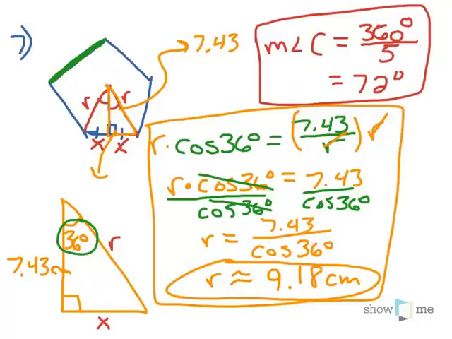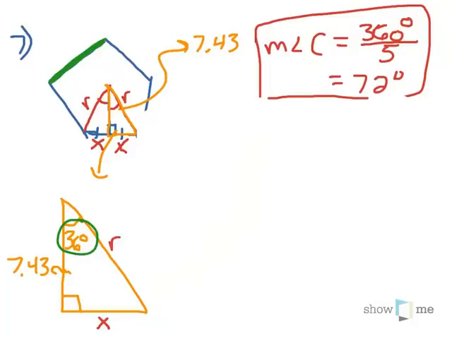To figure out what x is, we're going to also use trig. Compared to the 36 degrees, x is the opposite leg, 7.43 is the adjacent leg. And we just use another sheet here to do that. So we take tangent of 36 degrees equals the opposite leg over the adjacent leg. To get x by itself, we have to get rid of the dividing by 7.43.